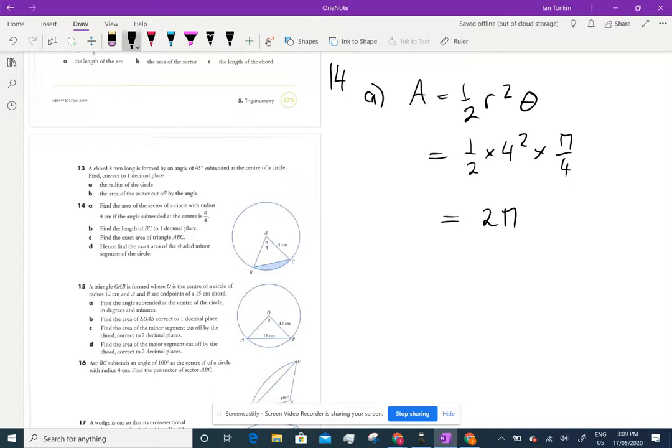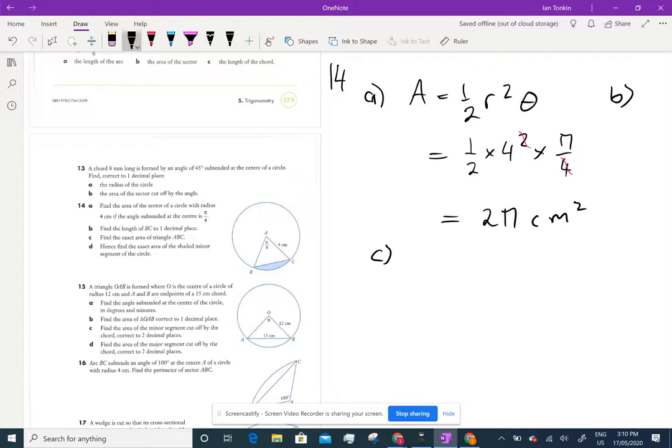I'm just double checking. Yep, 2 pi centimetres squared. You can do that on your calculator, but all I did is I went, 4 goes into that once, and a half of 4 is 2. Okay. Remember, I'm going to skip B. I'll do B over here in a minute. There you go. B's coming up.